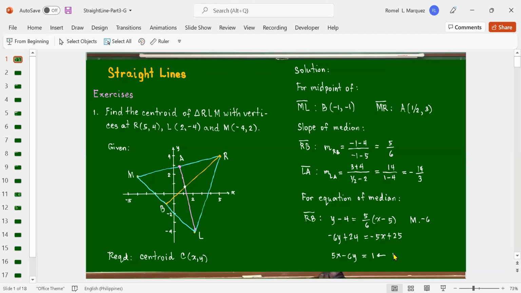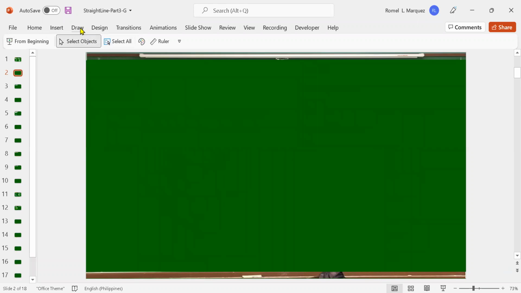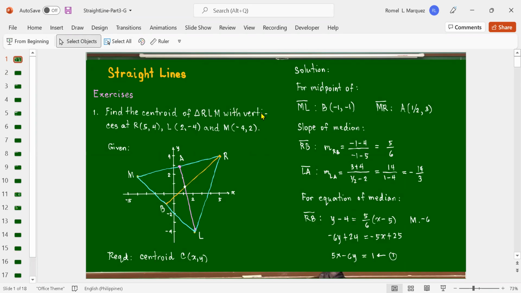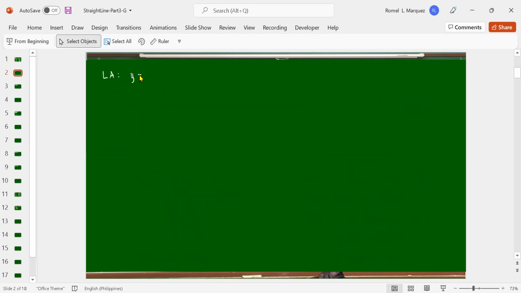Get it, guys? Okay? So what about the second equation? The second equation will come from the second median that we're going to consider, and that is median LA. For median LA, the equation is given by y minus, let's take L as our point, (2, -4), so y minus -4 equals the slope -14/3, and then x minus 2.